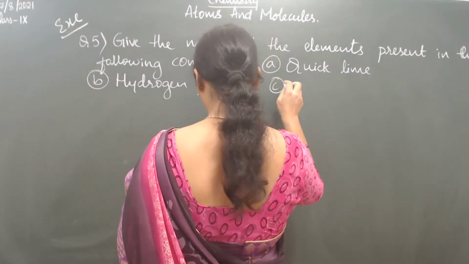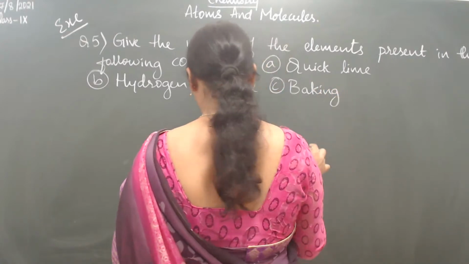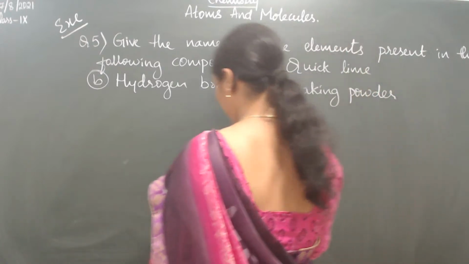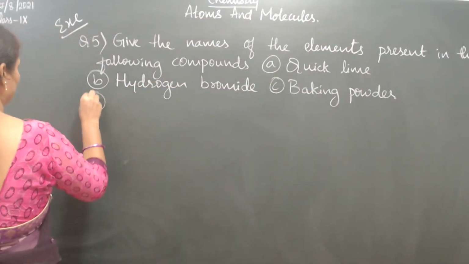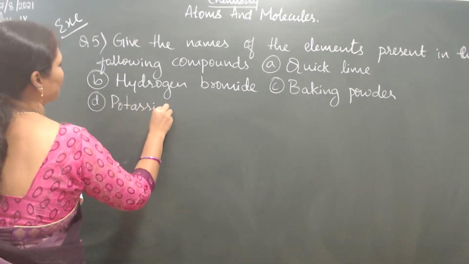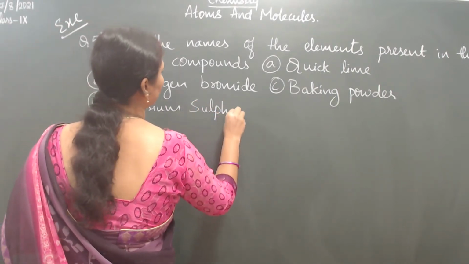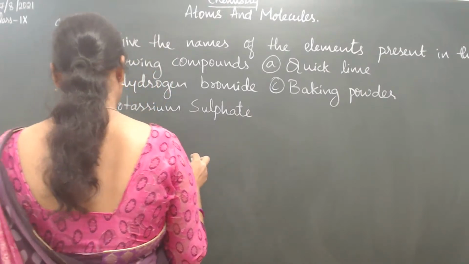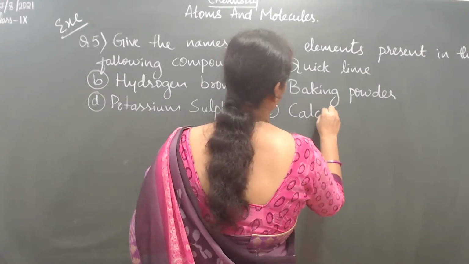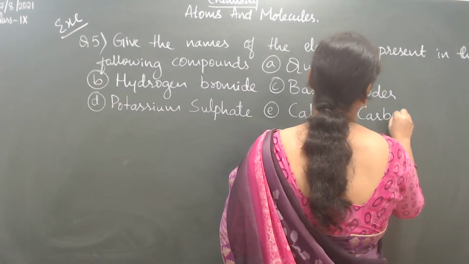Third one, baking powder. Potassium sulfate. Then calcium carbonate.